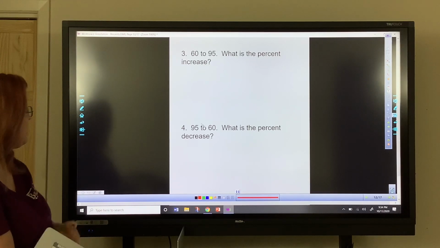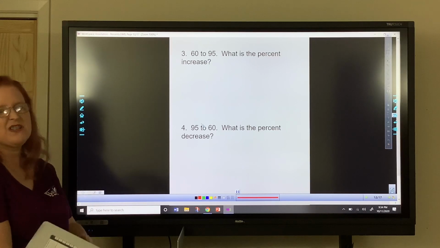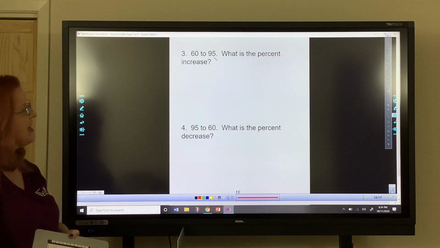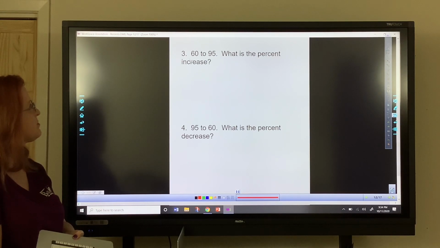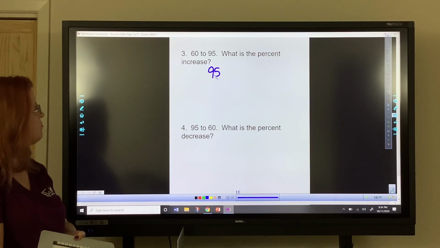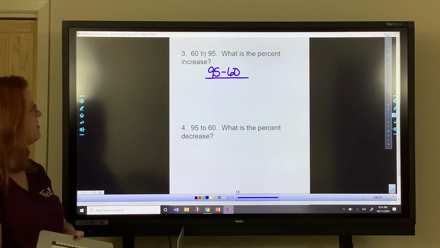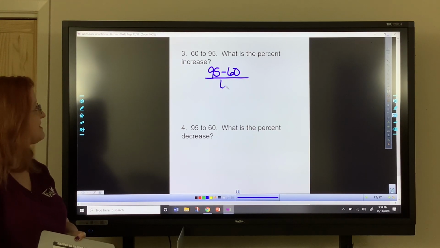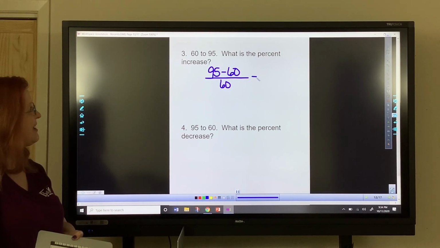Okay, so now they just gave us numbers. There's no really major problem here. 60 to 95, what is the percent increase? So you take your largest, 95, minus 60, and divide by what you started with. So we would divide by 60, so we get 35 divided by 60.